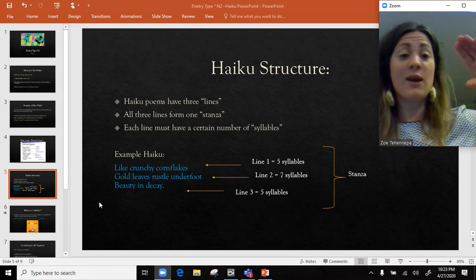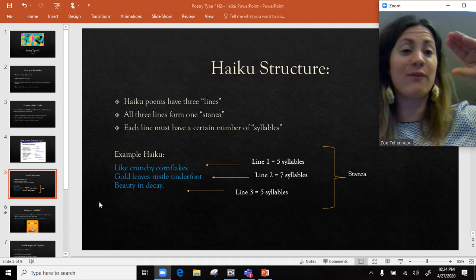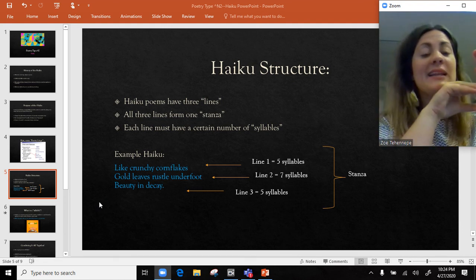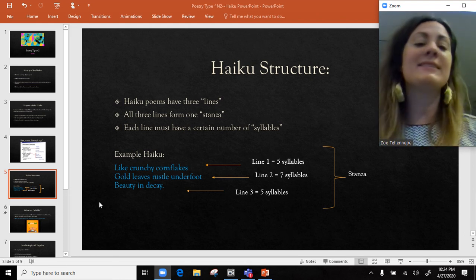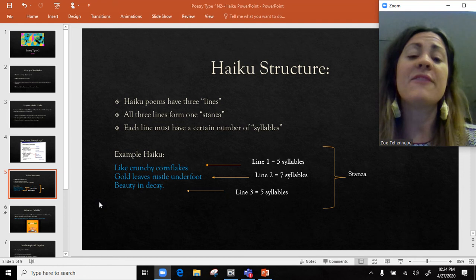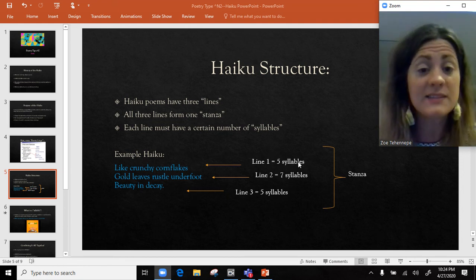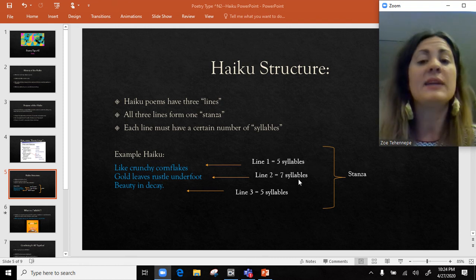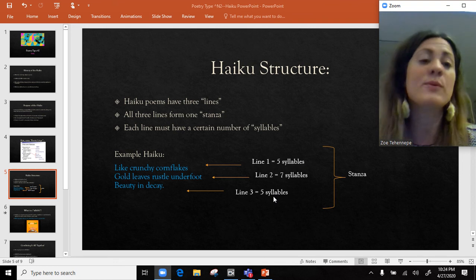We have crunchy cornflakes, which is a delightful little food that gets soggy, and then we have crunchy little leaves under your foot. Excellent, perfecto. If we have a peek at these lines, we'll see that line 1 has 5 syllables, line 2 has 7 syllables, and line 3 has 5 syllables again.